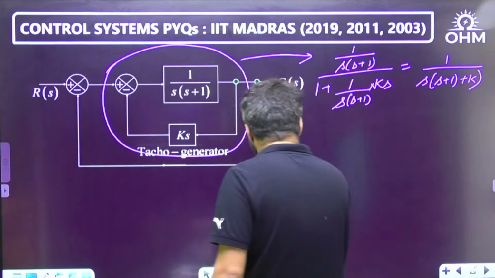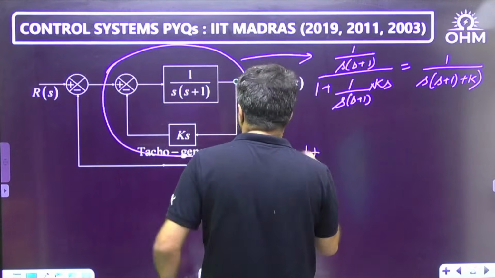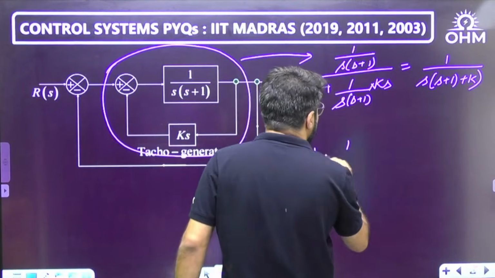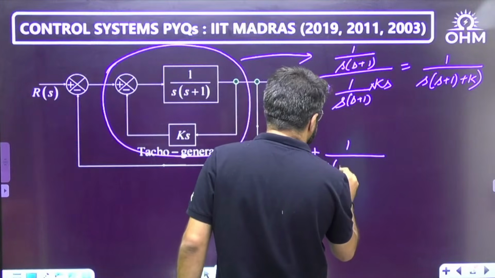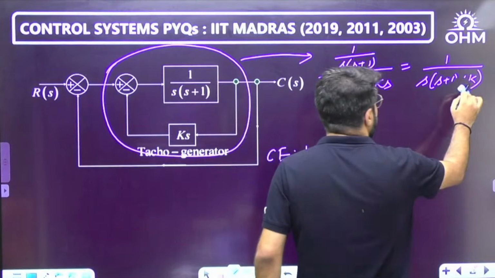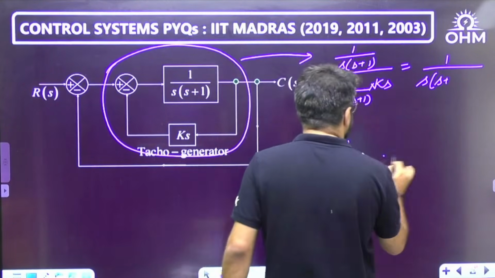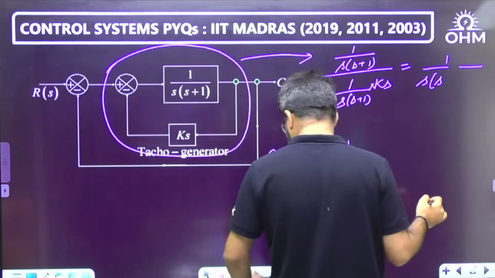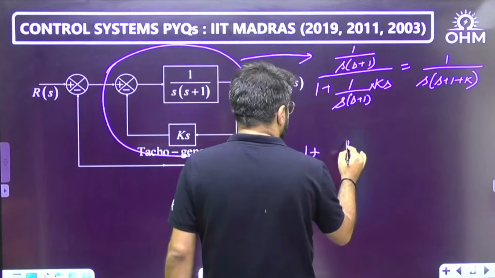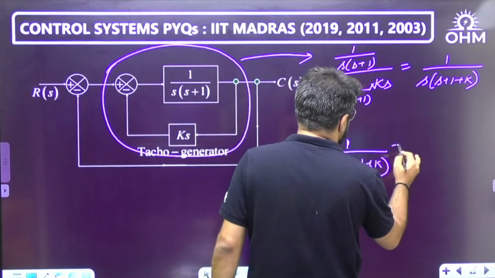Now, what is the final characteristic equation for the system? It will be 1 plus the overall forward path gain, and the final feedback gain is unity. So 1 plus 1 by s(s plus 1 plus K) equal to 0.